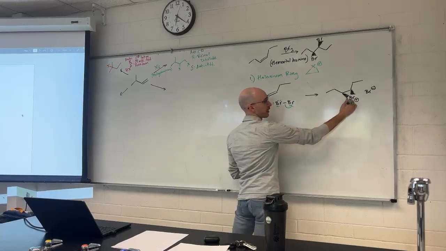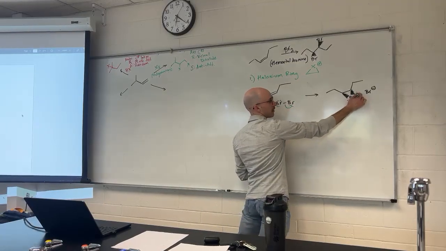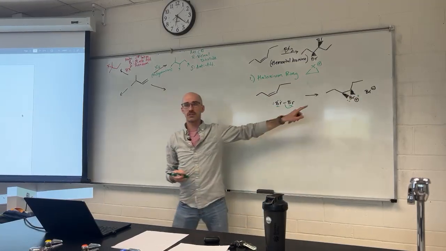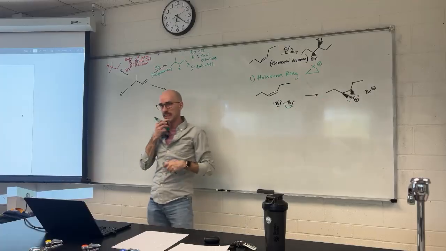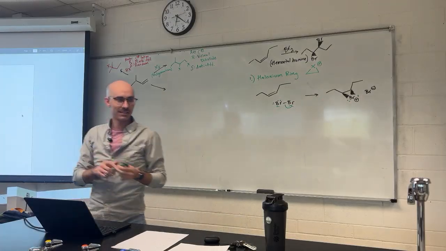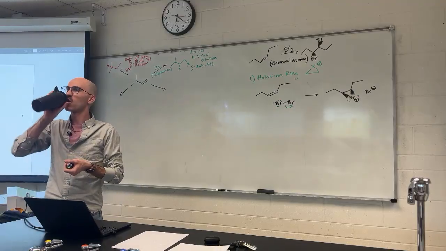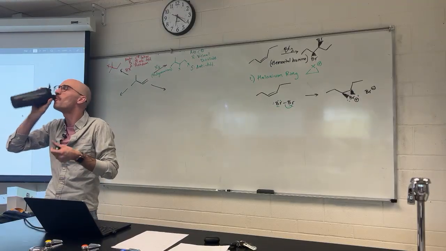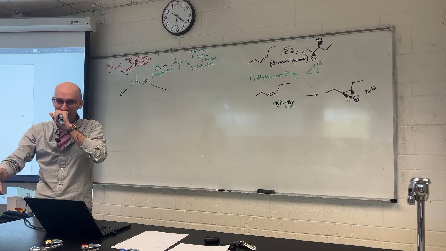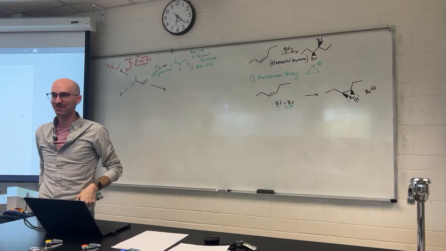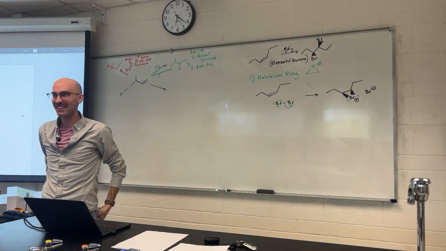Bromine goes from 3 lone pairs to 2 lone pairs. Jordan, does it have an octet on the right? Does the bromonium have an octet? Somebody help her out. Kirsten?